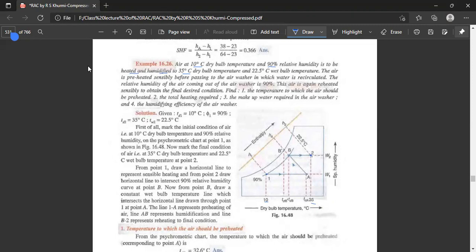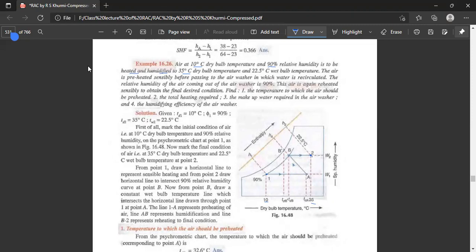Now the process. From point 1 we draw a horizontal line to represent sensible heating, and from point 2 we draw a horizontal line to intersect the 90% relative humidity line, which is given here.